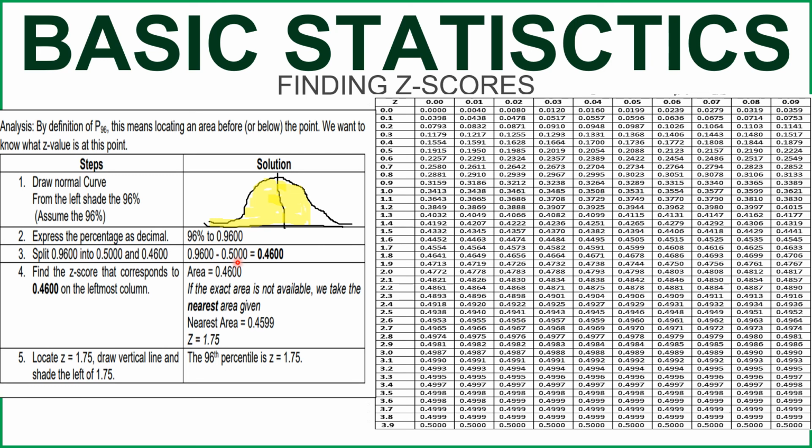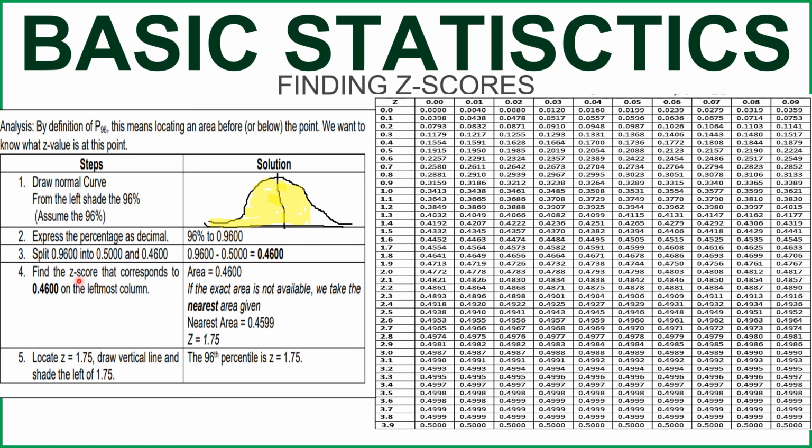But, if mas mababa naman yung percentage natin or decimal sa 0.5, let's say 0.25, di ba? Mas mababa siya sa 0.5. Yung gagawin po natin is, yung 0.25 naman ang isu-subtract natin sa 0.5. That is 0.5 minus 0.25. So, ganun lang kadali. But in this example, mas malaki siya sa 0.5. So, 0.96 minus 0.5 natin siya. And the answer is 0.46.